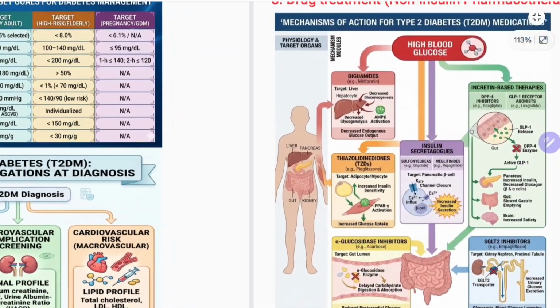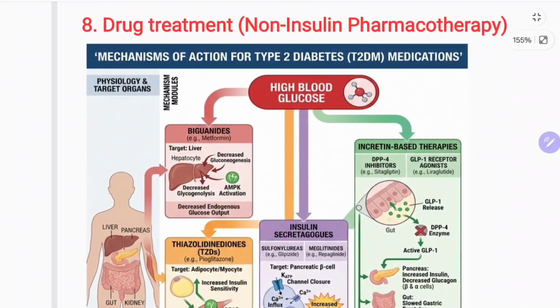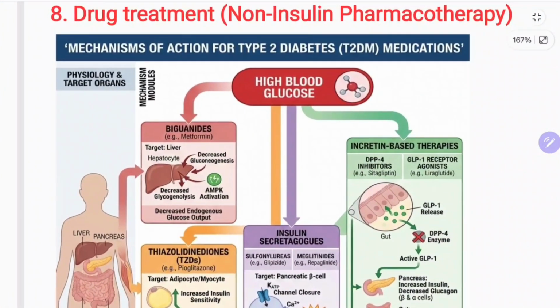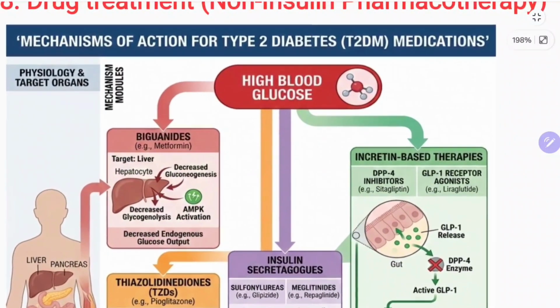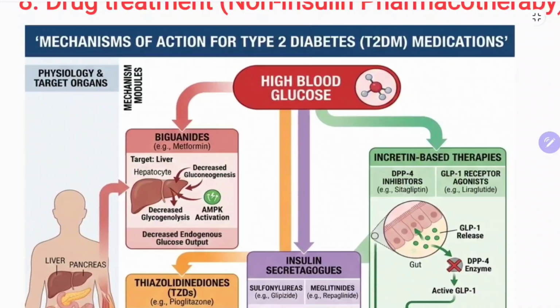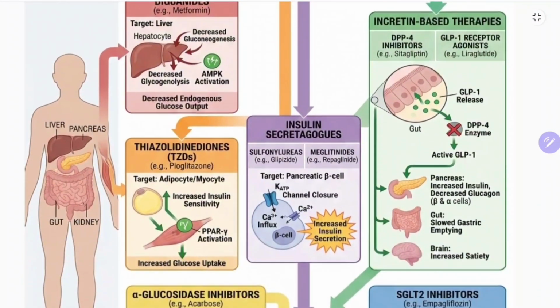Now coming to drug treatment, non-insulin pharmacotherapy. First we'll know the mechanism of action of these drugs used for type 2 diabetes mellitus, and where they act. Number 1, they act on the liver. Number 2, pancreatic beta cells.